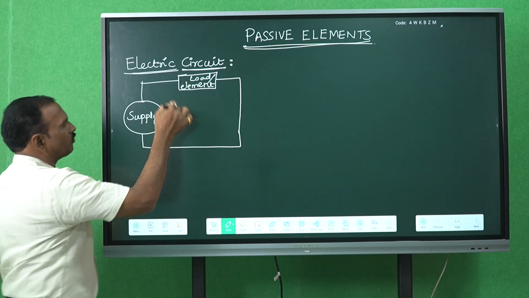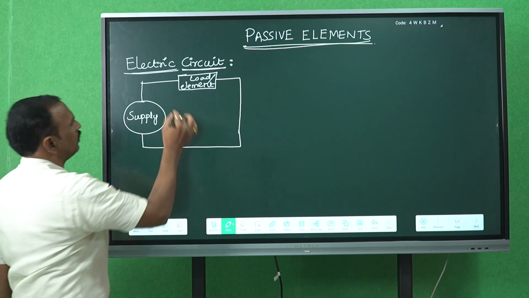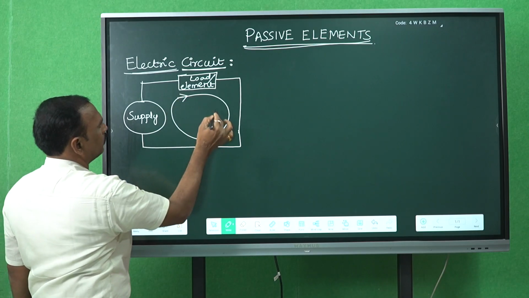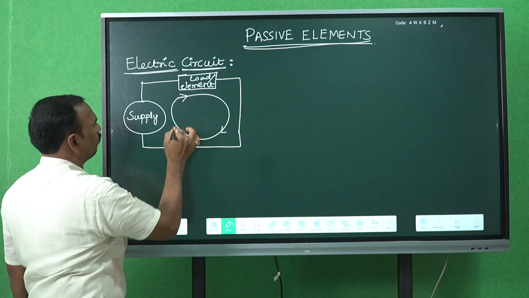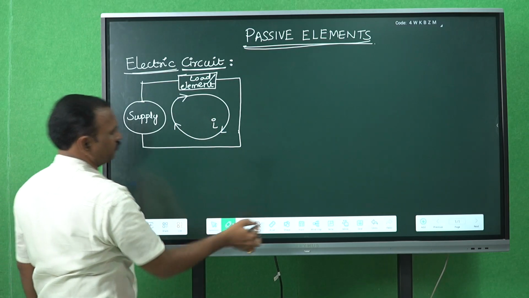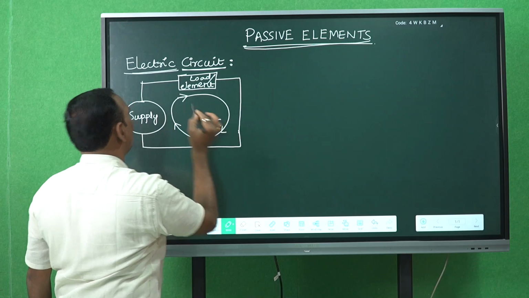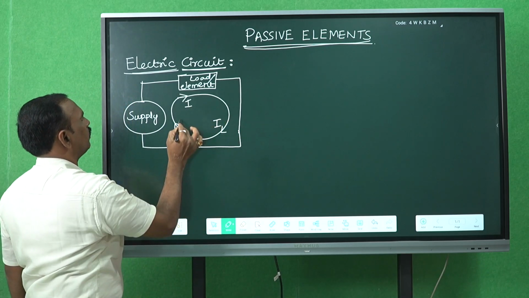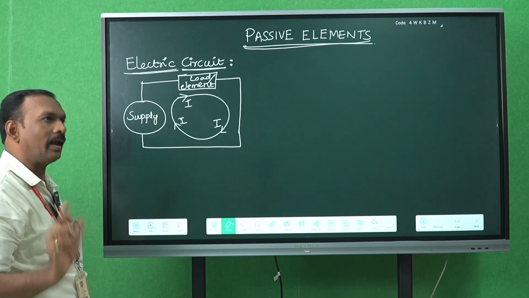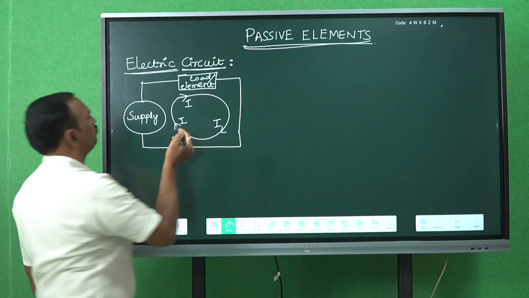Electric circuit can also be defined as a closed path followed by electric current. A closed path followed by the electric current is also called an electric circuit.